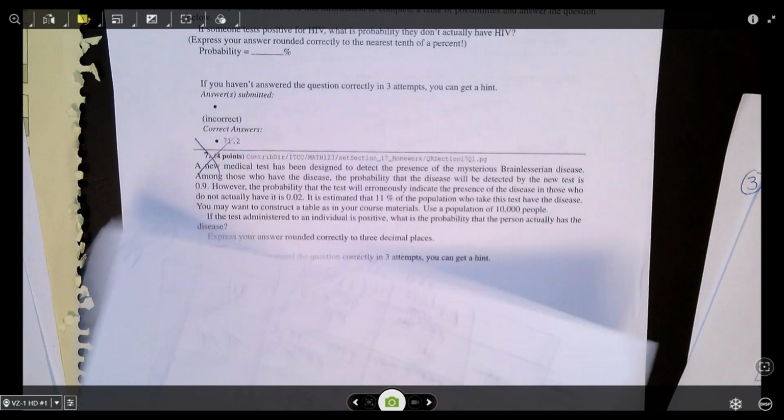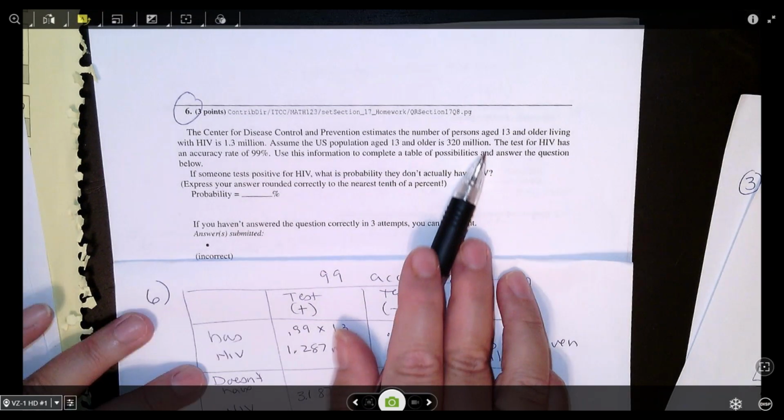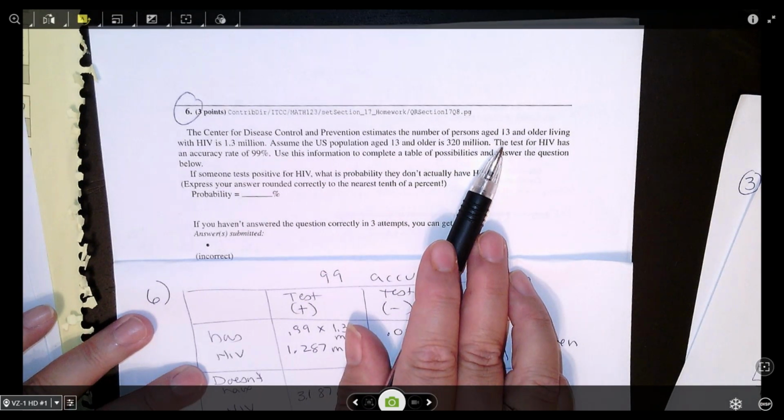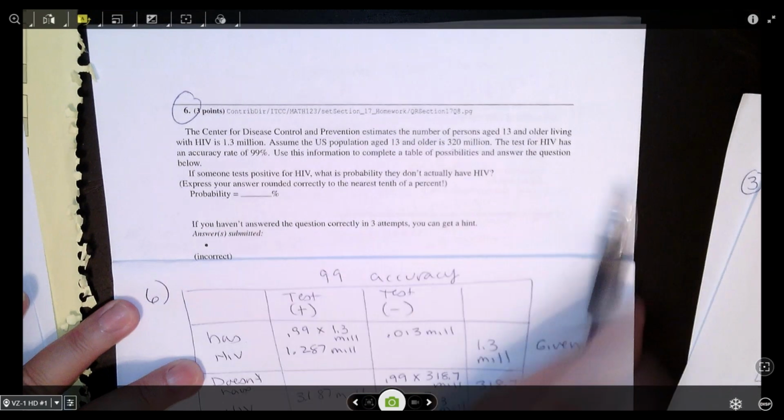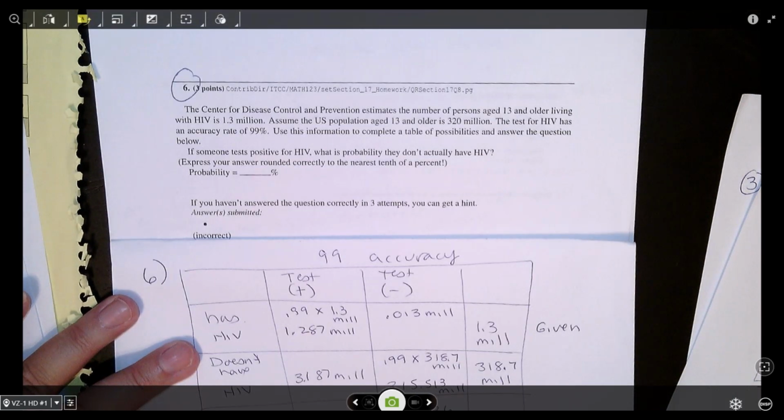6. The Center for Disease Control estimates the people age 13 and older living with HIV is 1.3 million. And there are 320 million in the US. So our total is 320. I just wrote the word millions. Okay, so 1.3 are the ones that have the disease.